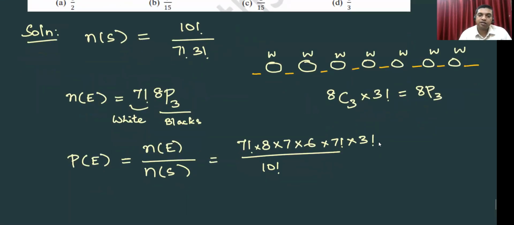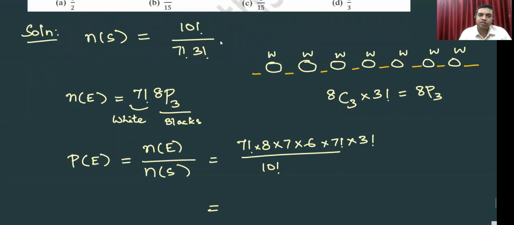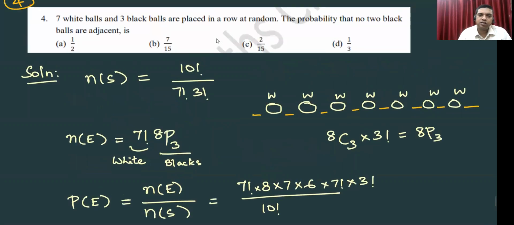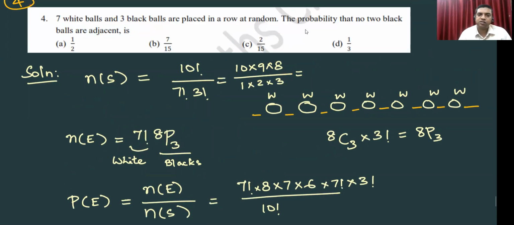Let us see. 10 factorial by 7 factorial 3 factorial is 10 into 9 into 8 upon 1 into 2 into 3, the same as 10C3 basically. So you get 120 ways.